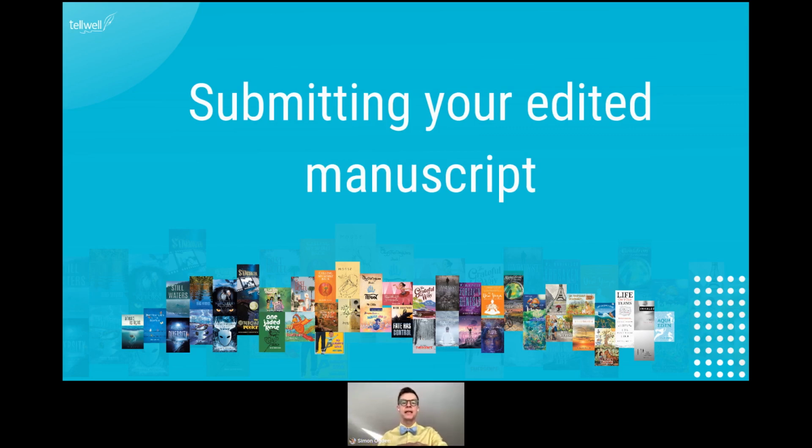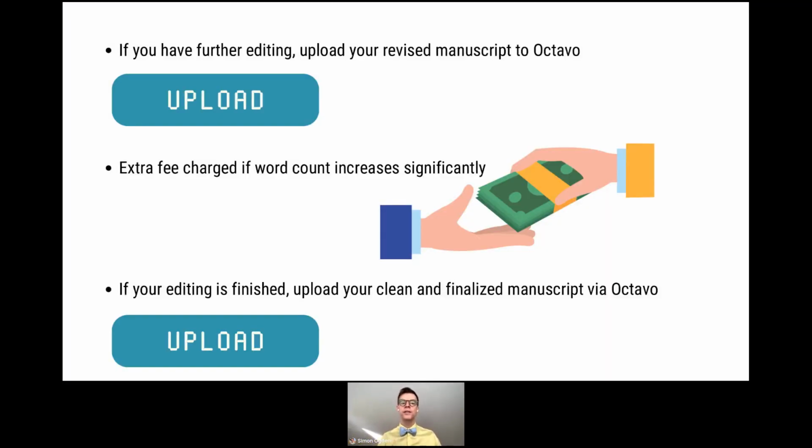All right, submitting your edited manuscript comes next, now that it's all clean and tidy and looking great. This brings us back to Octavo. If you have further editing, the second round of the substantive, essentially, upload your revised manuscript to Octavo to send it back to your editor. And note at this point that if you have made serious additions to your book during revisions, and some people do get inspired and a new chapter will pop up sometimes, there will be an increase in your word count.